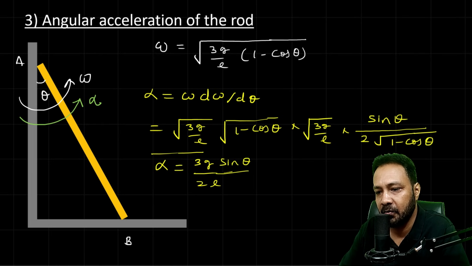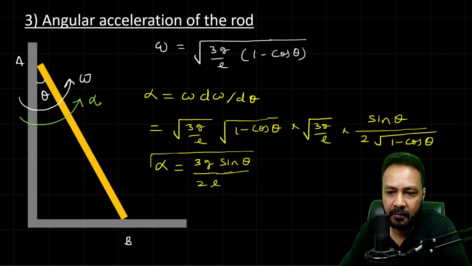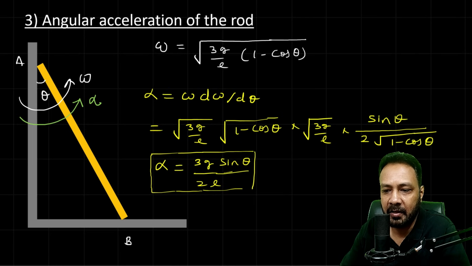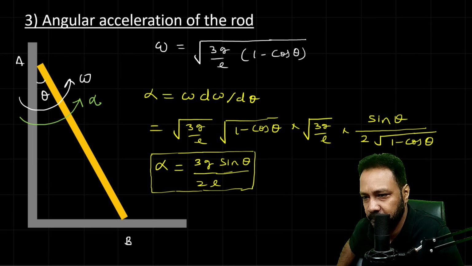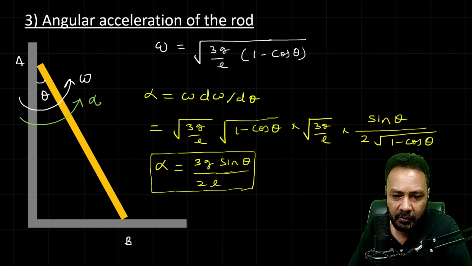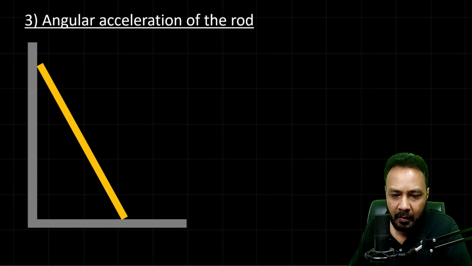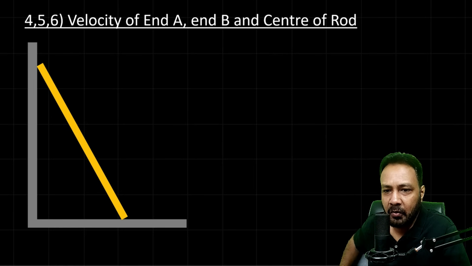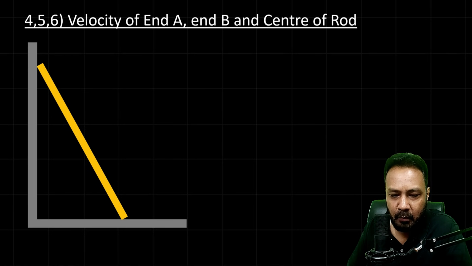So alpha is continuously increasing with theta. As it is rotating more and more, alpha is actually increasing. So angular acceleration we got, omega we got. Now velocities of ends A, B and center of rod.